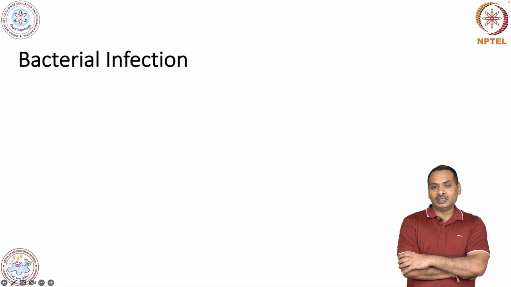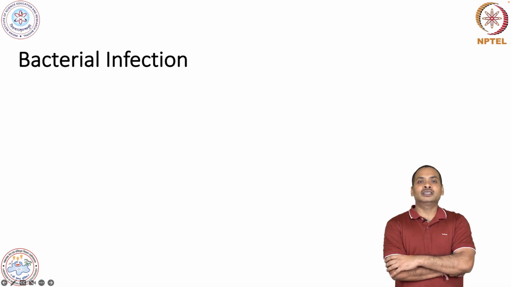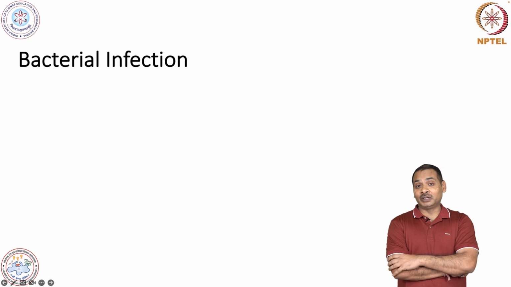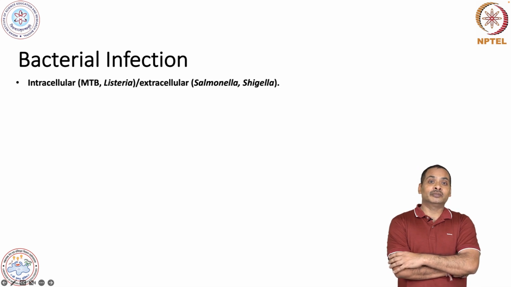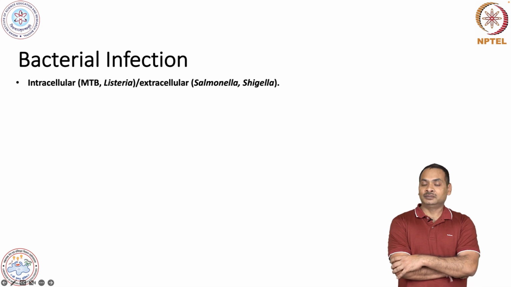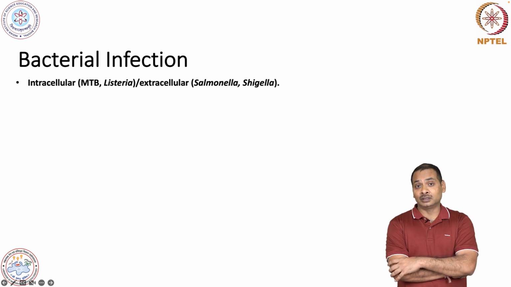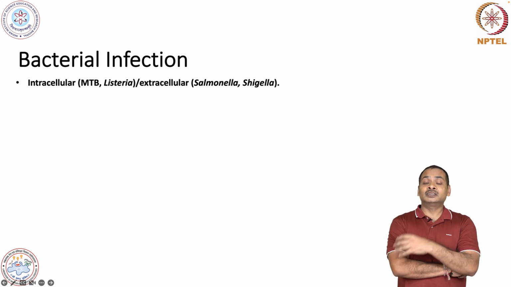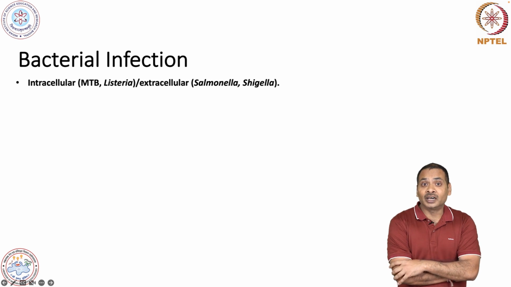Bacterial infection is basically of two major kinds. One infection could be intracellular, where the bacteria resides inside the target cell.